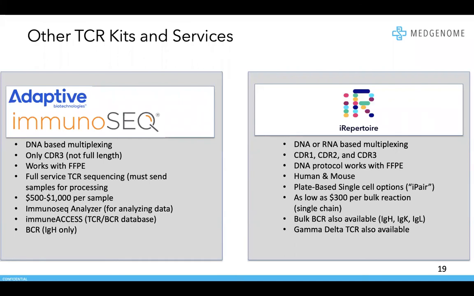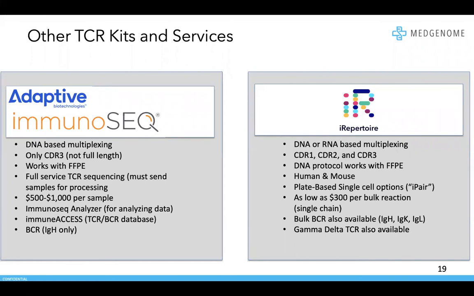Again, where we sort of stand out is just the platform we use offers full length VDJ sequences, the ability to possibly design primers for other species that could be helpful here.